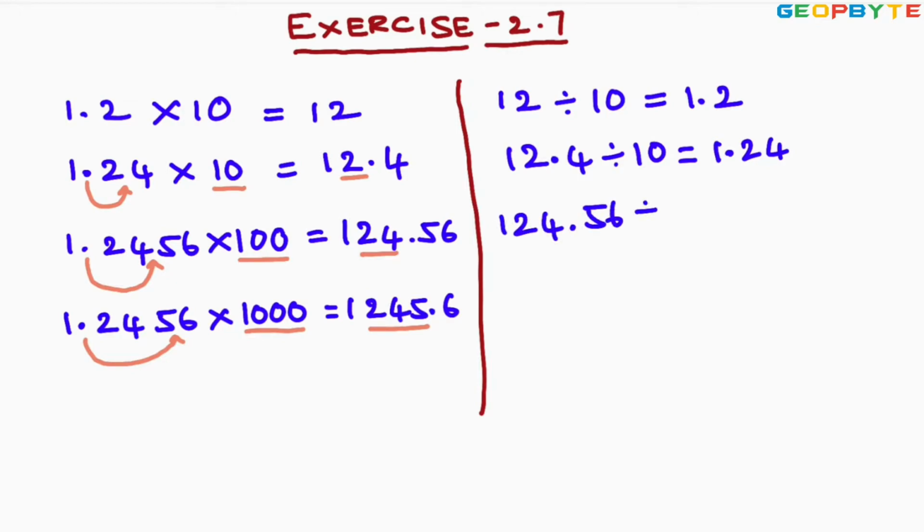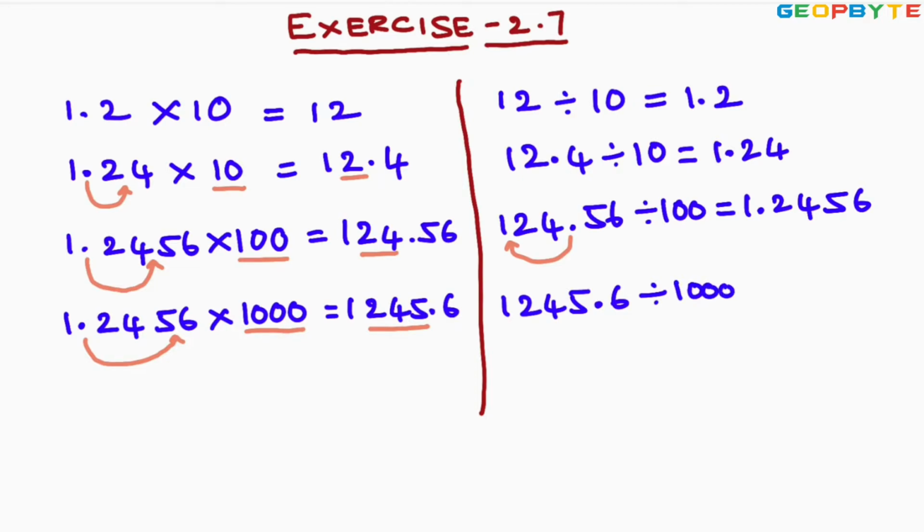Next, 124.56 divided by 100. Now, in this example, we are dividing the decimal number with 100. Whenever we are dividing with 100, the decimal point is shifted towards left by two positions. It will be placed in between 1 and 2. So we are getting 1.2456. Next, 1245.6 divided by 1000.